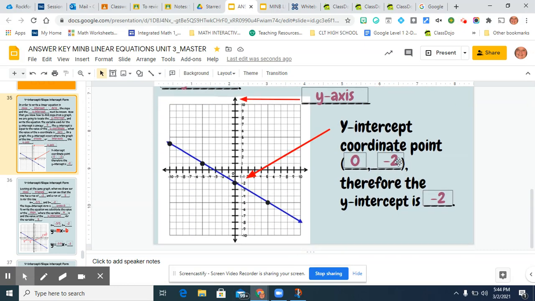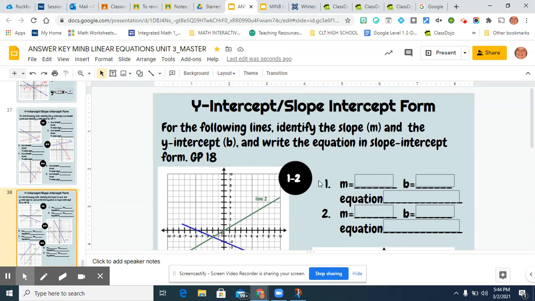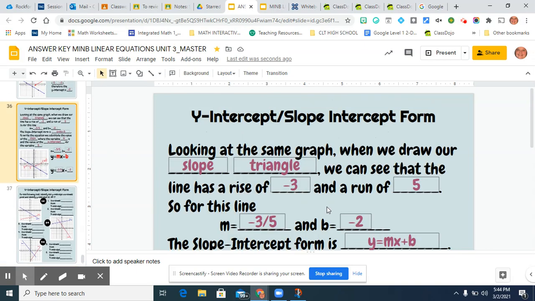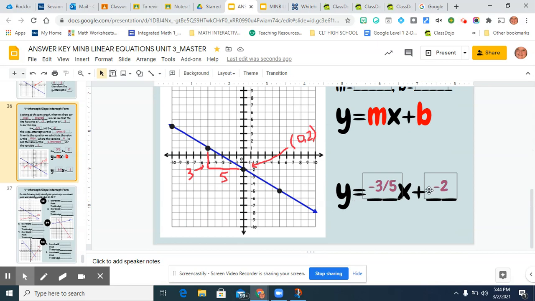This was the coordinate point, this was the y-intercept. On the second page, you're given 6 lines, and you need to find the slope, the intercept, and then write the equation. That goes along with our second page of notes, where we found the m and the b, and then we wrote the equation. And that is it for today.